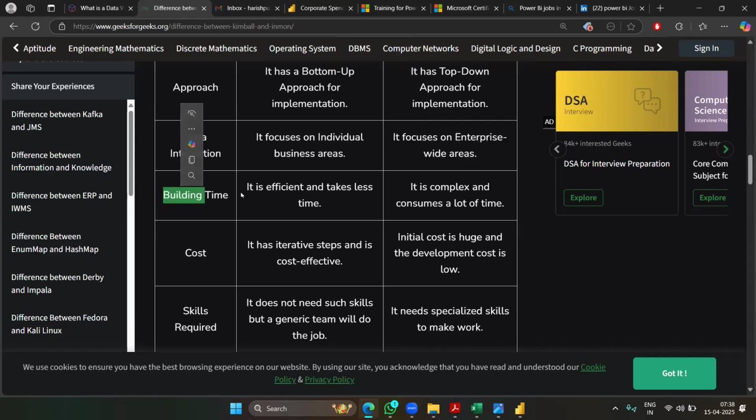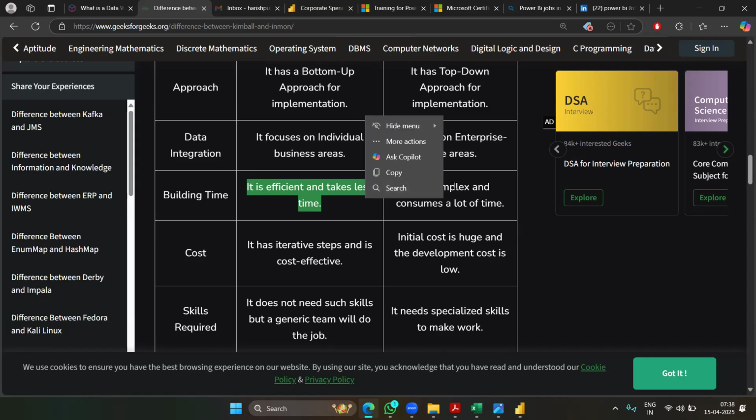Build time: Kimball is efficient and takes less time, obviously, because we are starting with small pieces, so we can complete things quickly. Inmon is complex and consumes a lot of time. Will you agree with me?